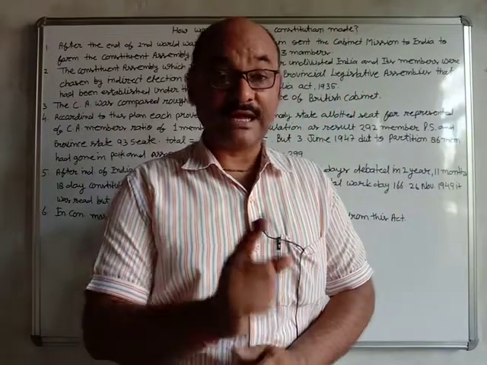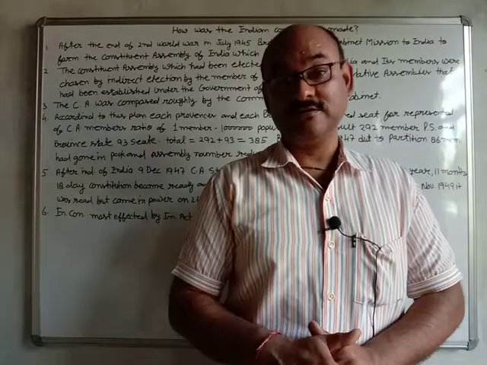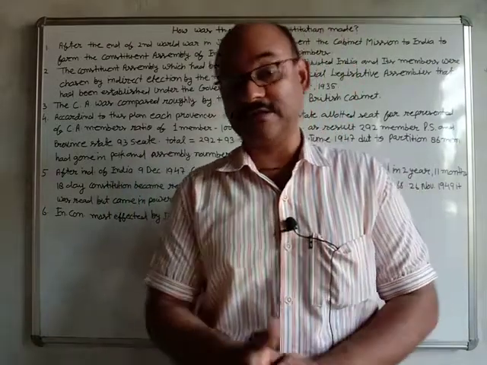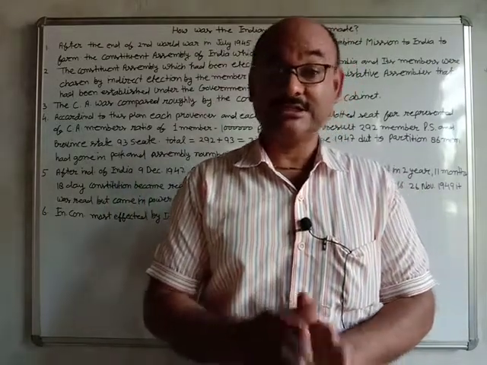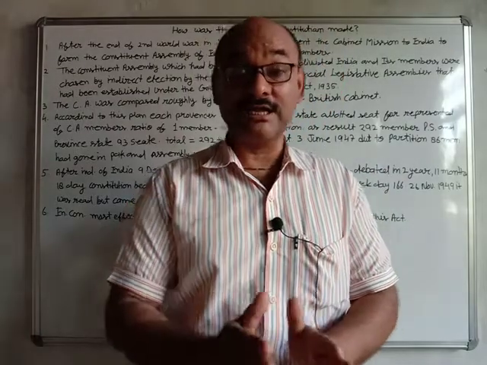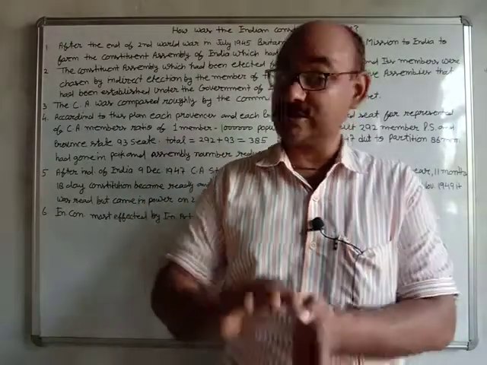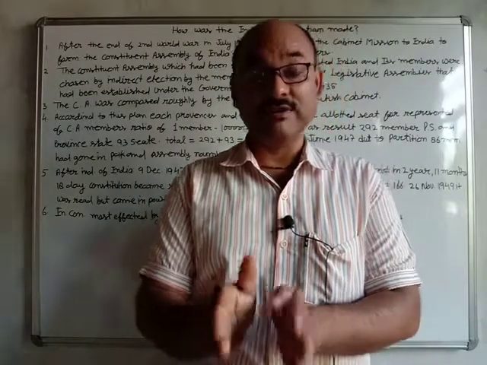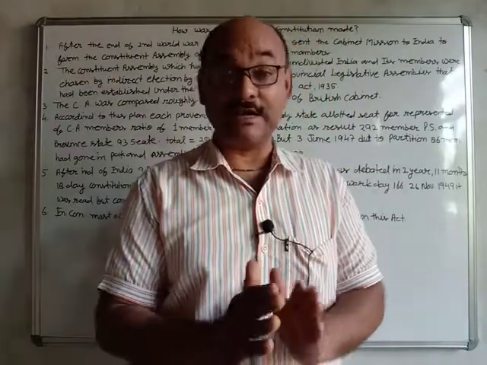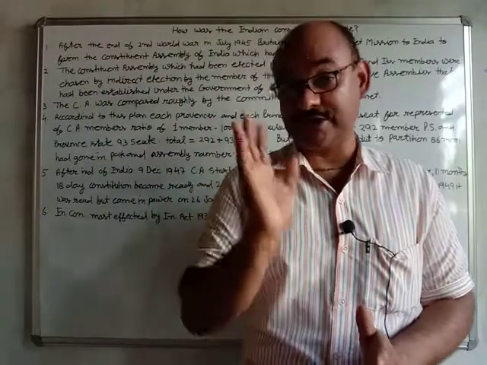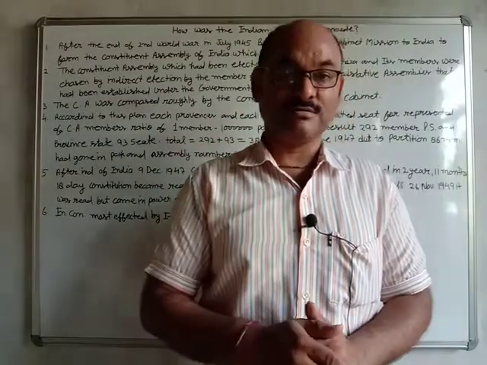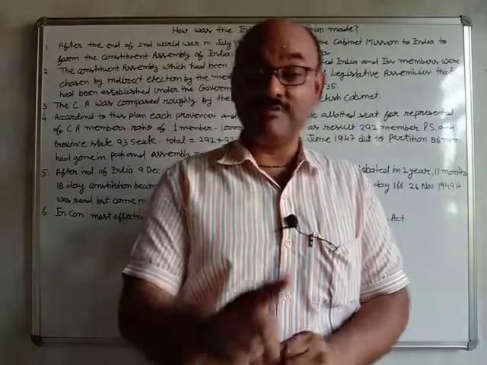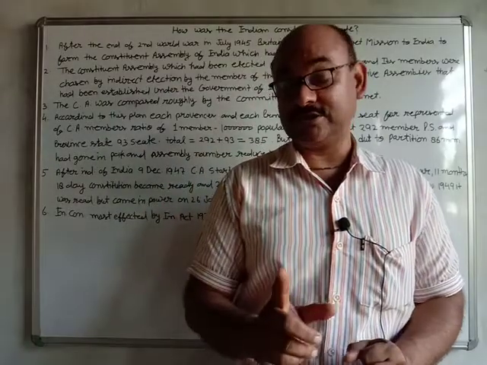Then Congress took the decision: we are going to celebrate the first Independence Day on the last Sunday of January. The date was not fixed. The day was fixed. On the last Sunday, we will celebrate Independence Day.